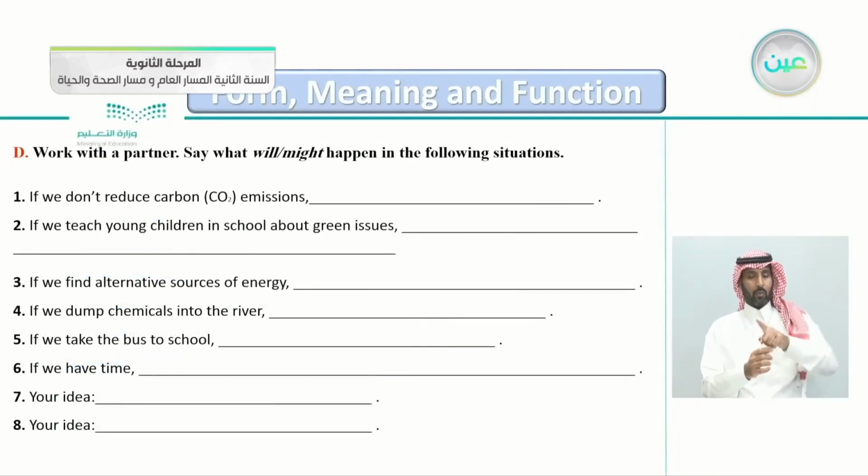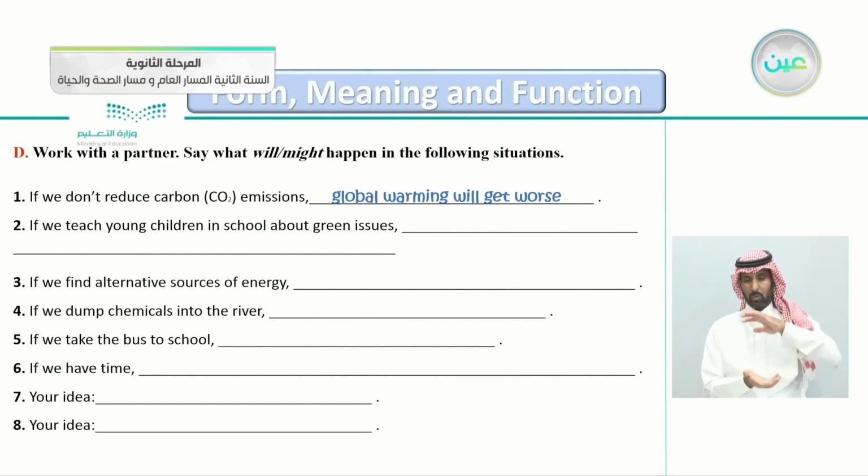Exercise D here with a partner. Work with a partner, say what will or might happen in the following situations. If you don't reduce carbon, CO2 emissions, you can, of course, continue this by yourself. So, for example, I wrote in the first one, if we don't reduce carbon emissions, what will happen?